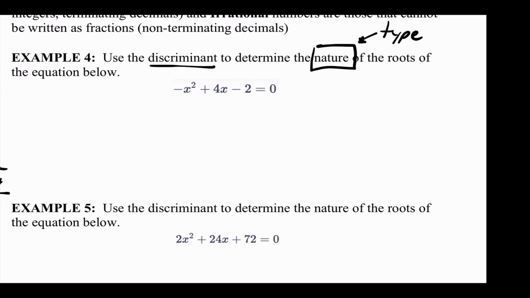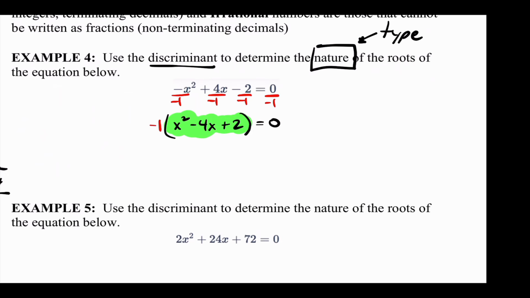So to make that positive, I need to divide everything by negative 1. So negative 1 goes in front. We've done this before. So that changes it to positive x squared minus 4x plus 2 equals 0 still. My focus is still in here, though.